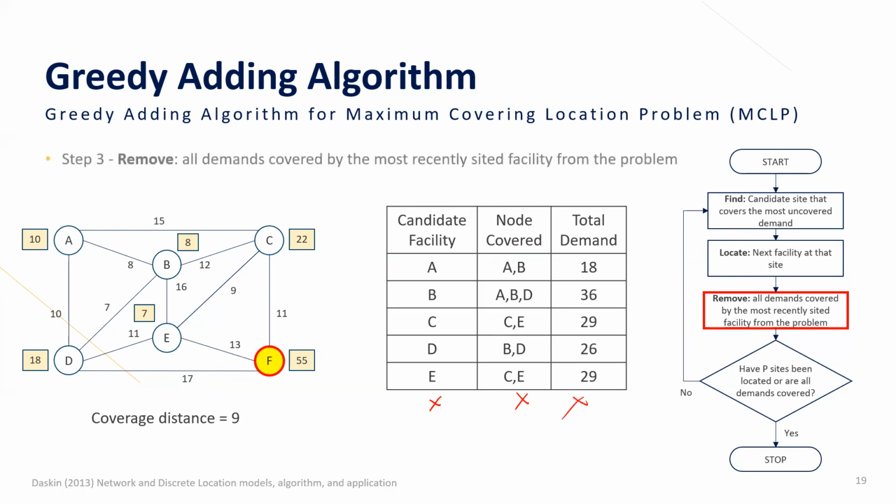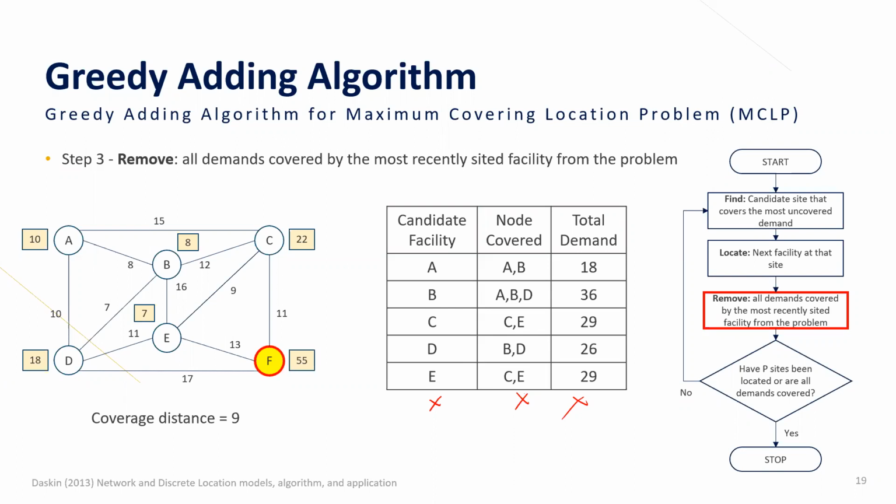Now you need to go to the next step. What should you do? Is it all demand already covered? No, we still have many. A not yet covered, B not yet, D, C, E, all is not yet covered. Only F is just covered because we open one facility at F. So what should we do next?